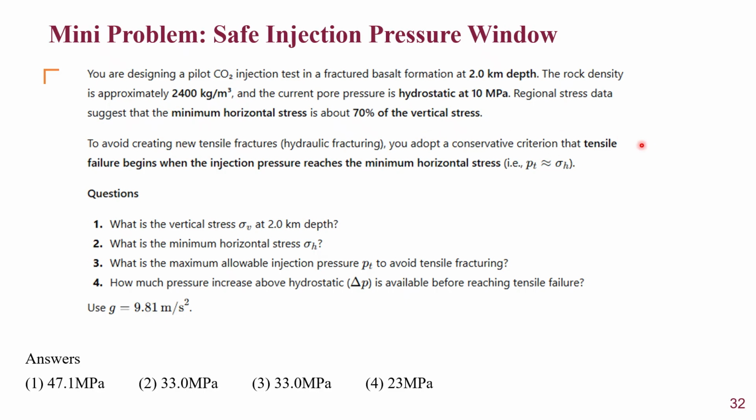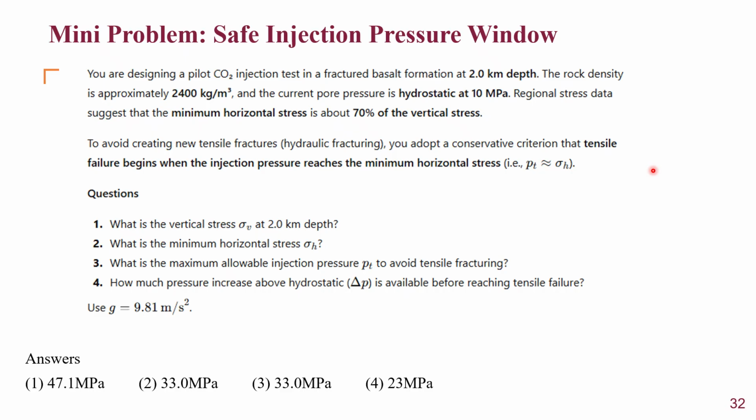You are designing a pilot CO2 injection test in a fractured basalt formation that is 2 kilometers in depth. The rock density is approximately 2400 kilograms per meter cube, and the current pore pressure is hydrostatic at 10 megapascal. The original stress data suggests minimum horizontal stress is about 70% of the vertical stress.